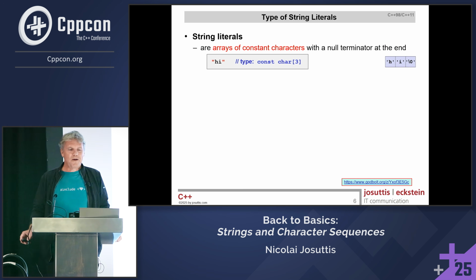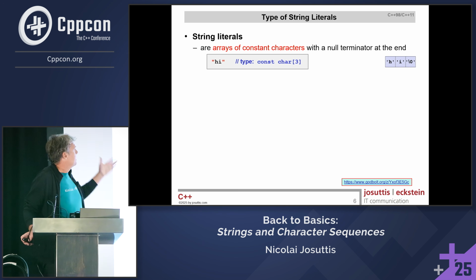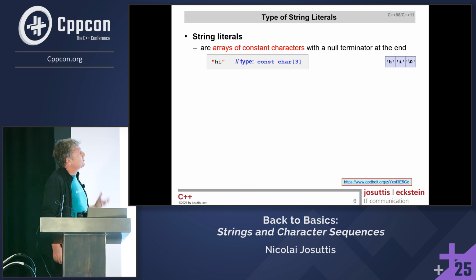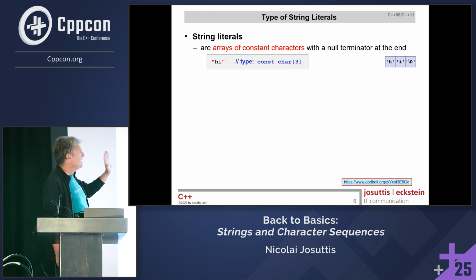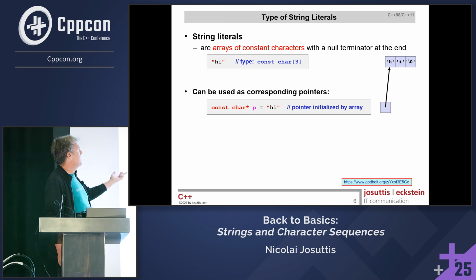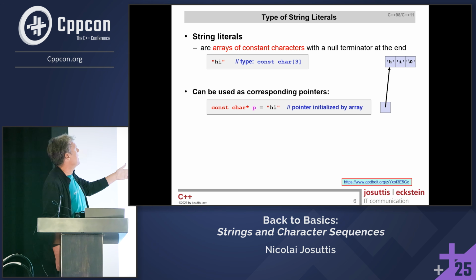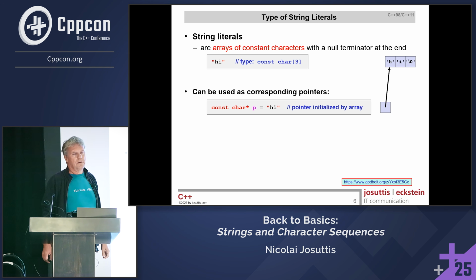And we have to say more than that was said about the first slide. So as I said, the type of the string literal "hi" is an array of 3 constant characters. It's stored like that. If you assign it to a pointer, which you can already do in C, you have the address. The thing on the right has a different type than the thing on the left.